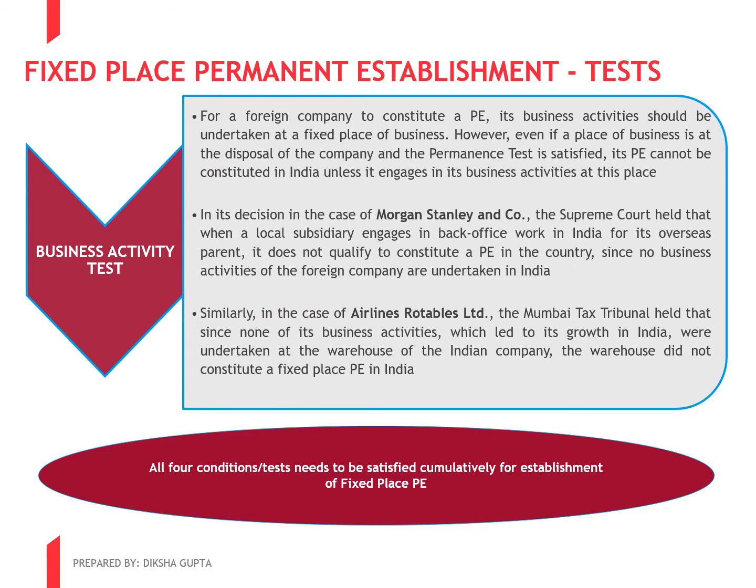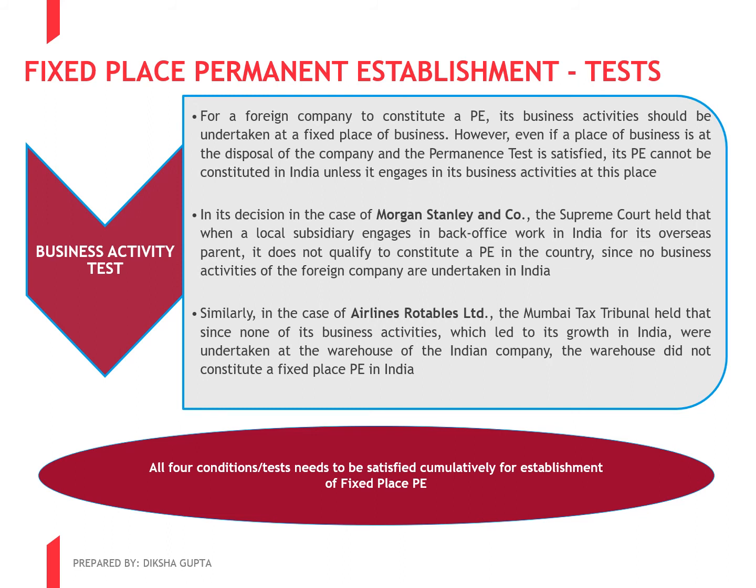Now, the fourth and the last test is the business activity test. For a foreign company to constitute a PE, its business activities should be undertaken at a fixed place of business. As we have covered, there must be a fixed place of business that should be at the disposal of the foreign enterprise. Then in that fixed place of business, there must be some business activity going on.